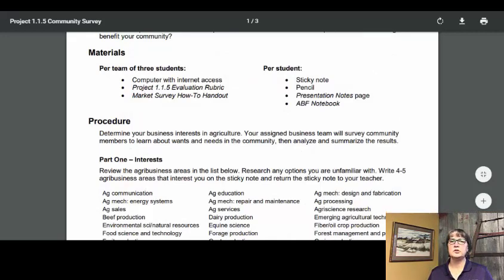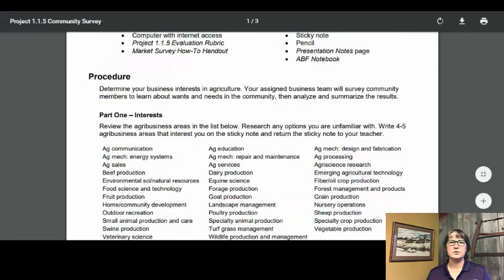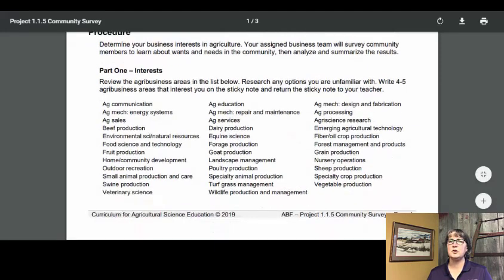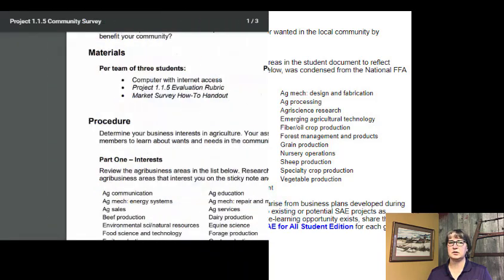In Part 1, students will complete an interest inventory using FFA Proficiency Award areas. If students, or you, are unfamiliar with the proficiency areas and/or supervised agricultural experience programs, known as SAEs, additional information is available using the links in the teacher's notes and the project document.